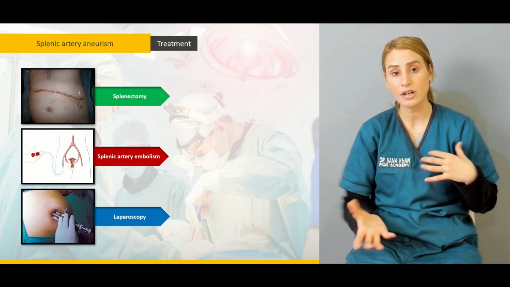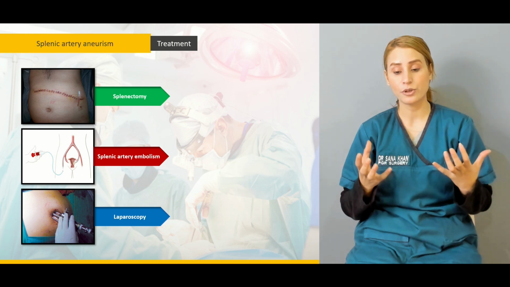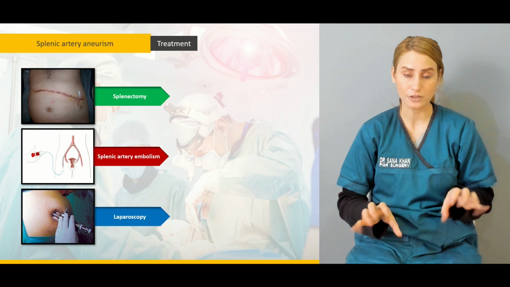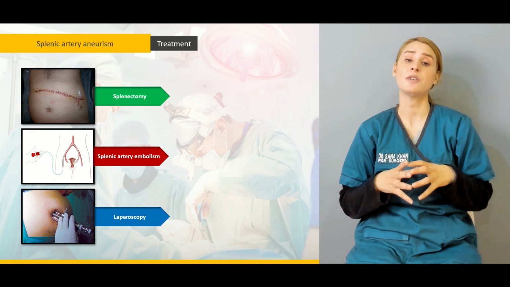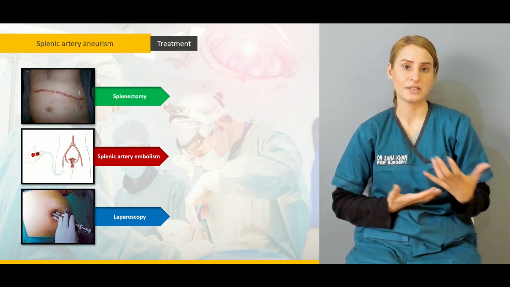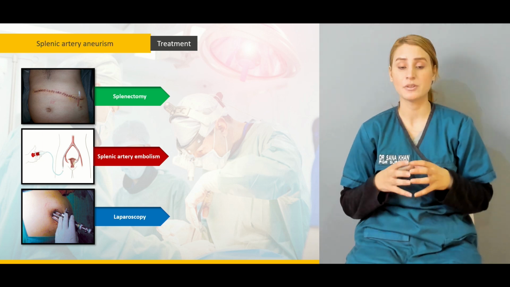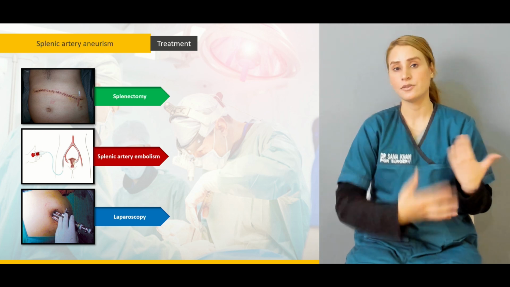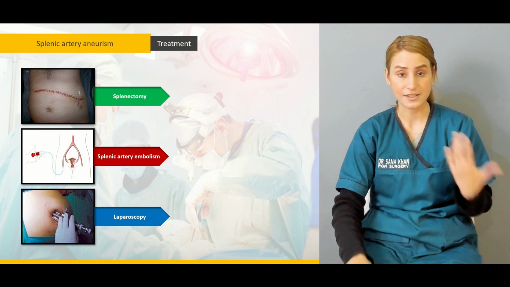So when you come across any pathology of these two structures, especially a splenic rupture, a splenic artery aneurysm rupture, a ruptured hemangioma within the liver, or a massive trauma to the liver or the spleen, you need to open the patient and you need to get rid of the spleen, which is the splenectomy.